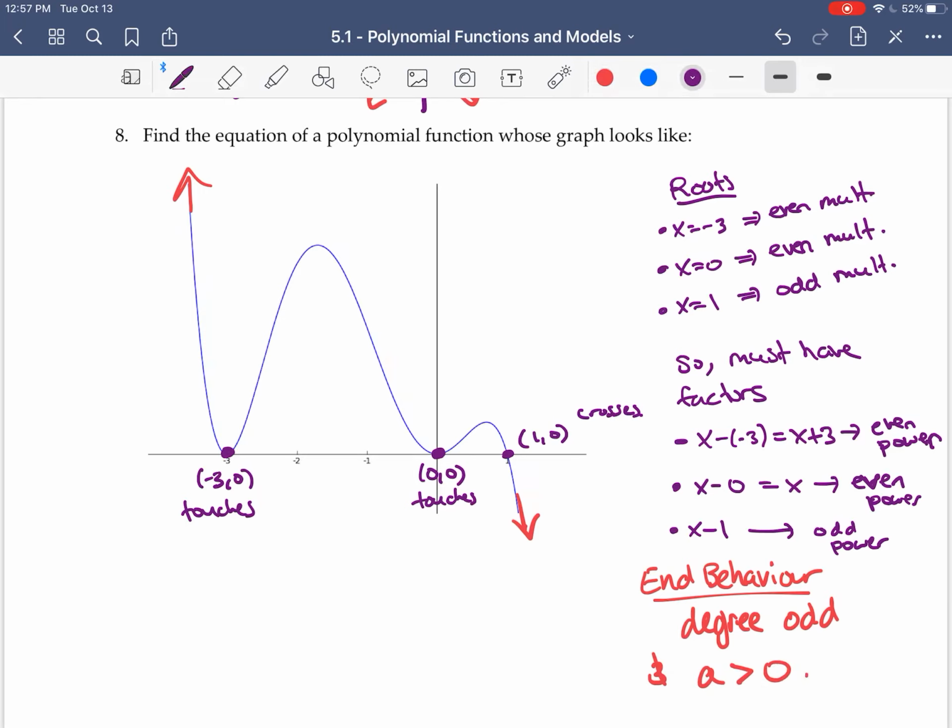Okay, so putting all that together, I could have f of x, so I could describe this with, so I need to have x plus 3, and I need to have it to an even power, so maybe to the power 2, and then I need to have x minus 0, or just x, also to an even power, maybe it's 2, and then I need to have x minus 1 to an odd power, okay, maybe it's 1, maybe it's 3, doesn't really matter.